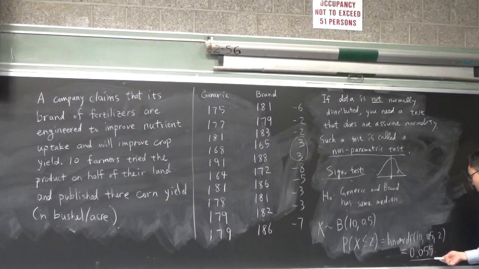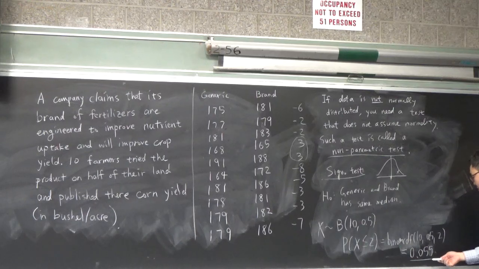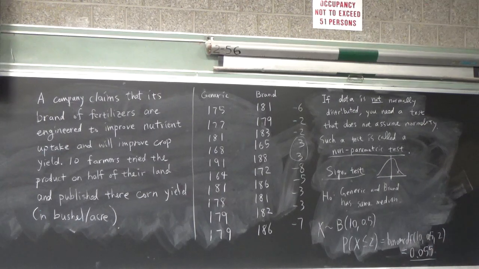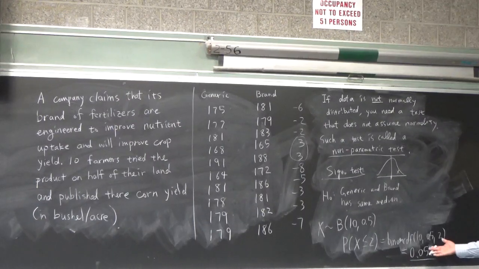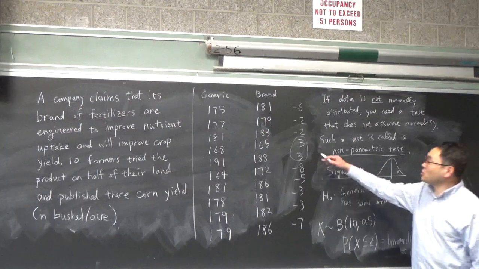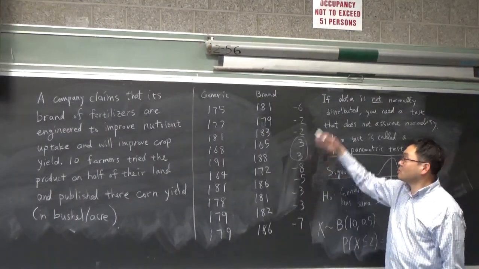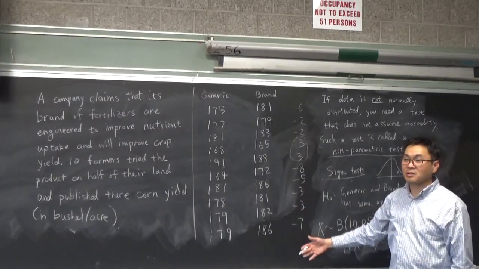So if our significance level is 0.05, we're not quite there, but it's very compelling, right? You would say that there's only like 5.5% chance you would get only 2 or less positives when you do such a thing. Okay?